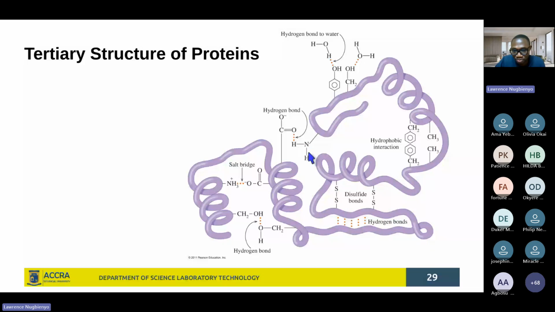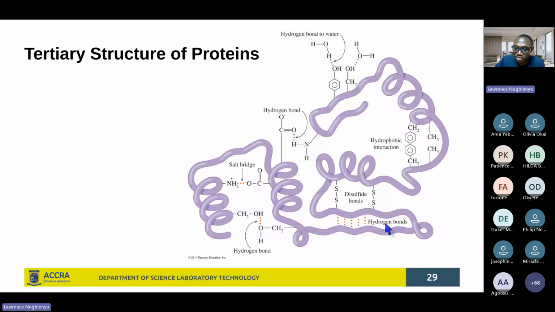So this is also depicting another hydrogen bonding. Then we see a side which is depicting the beta sheets with hydrogen bonds between the antiparallel strands.